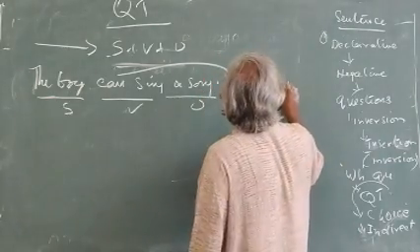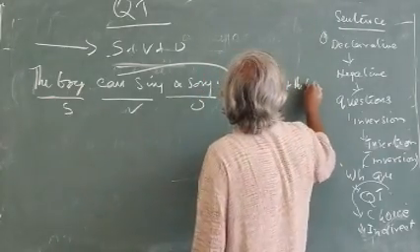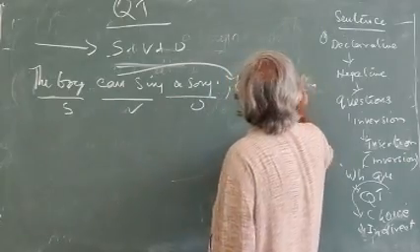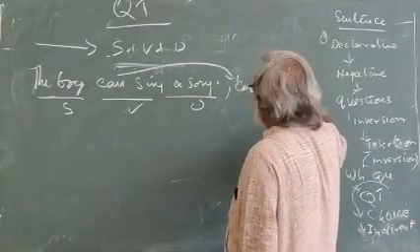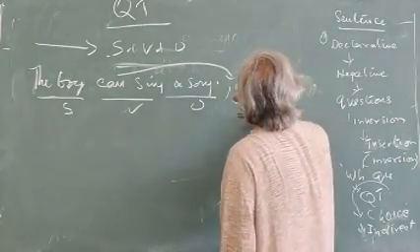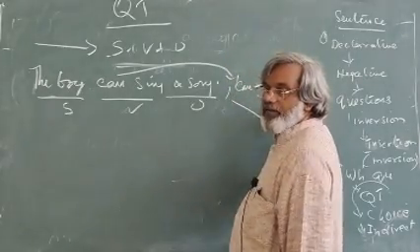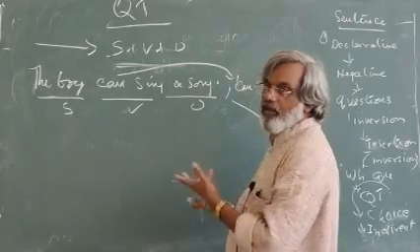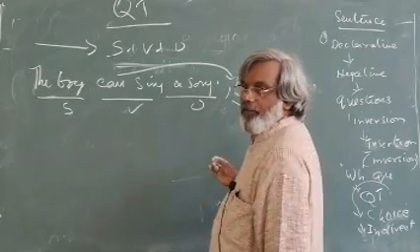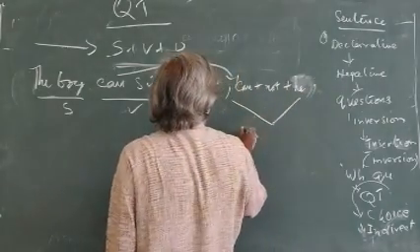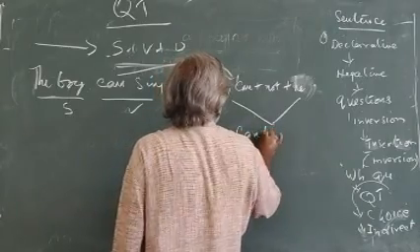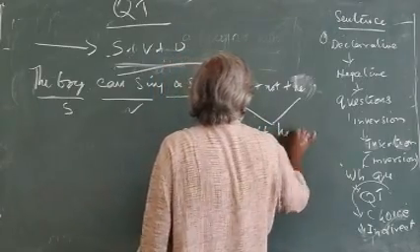Then you put the boy. Instead of boy, you write pronoun he. Then you will contract. This is the step for tag question. Unless you contract the area, you can't get a tag. Then you will get can't, contraction, can't he.